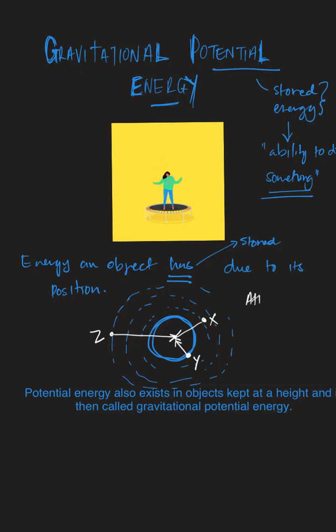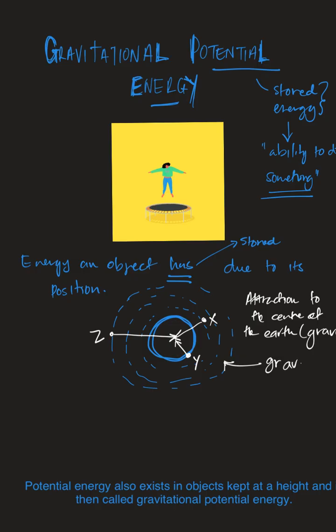So the attraction to the center of the earth, that is called gravity. I'm attracted to it. So if you see this dotted area, that is what we call the gravitational field.